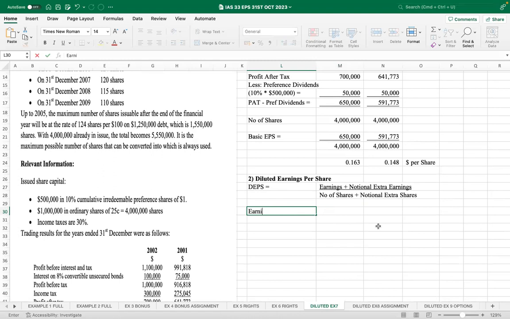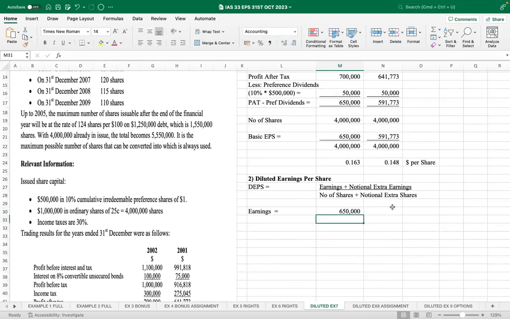Our earnings will be equal to, where is earnings? 650. And on this other side, it will be equal to 591.